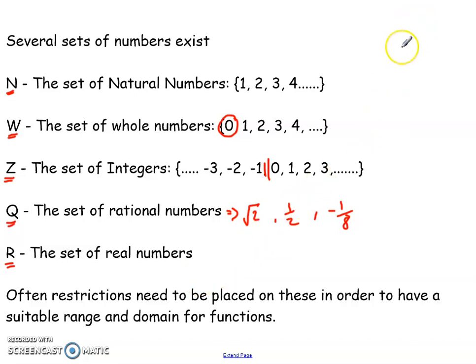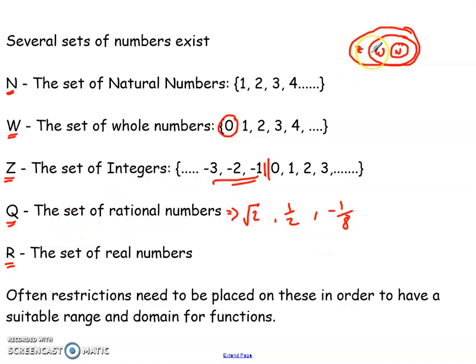But if you think about it, if we take our N as being this central circle here, so my natural numbers, I can then draw another circle around it, representing my W, my whole numbers, because it encompasses the natural numbers, plus extra elements, i.e. just the 0. I can then expand that even further to make it out to be my Z, my integers, because that includes all of my whole numbers and my natural numbers, but expands it out by including negatives as well.